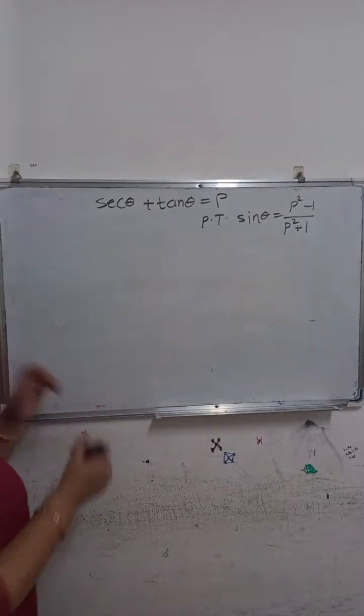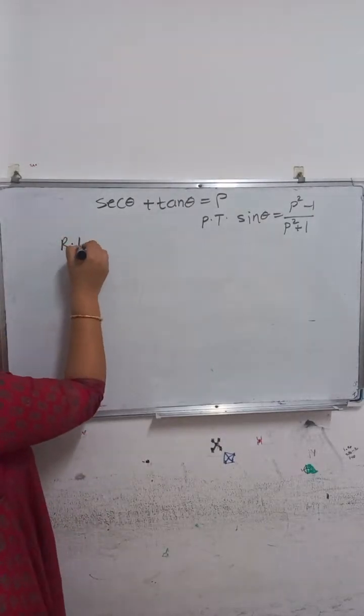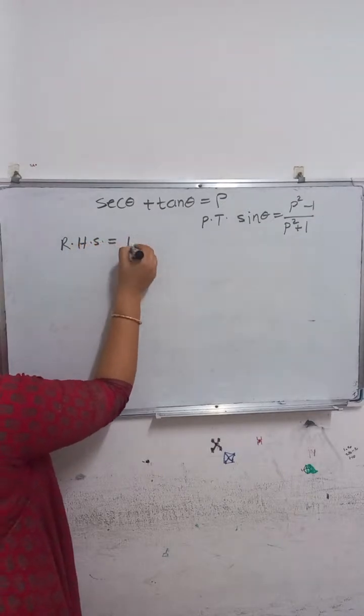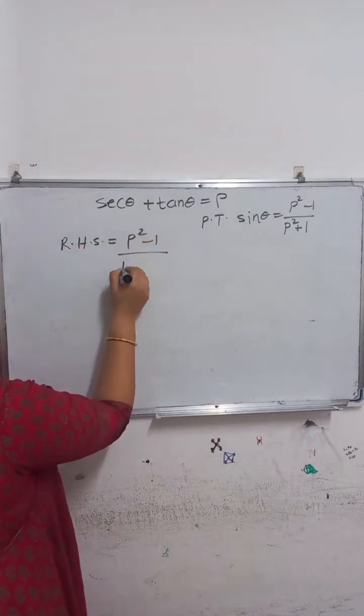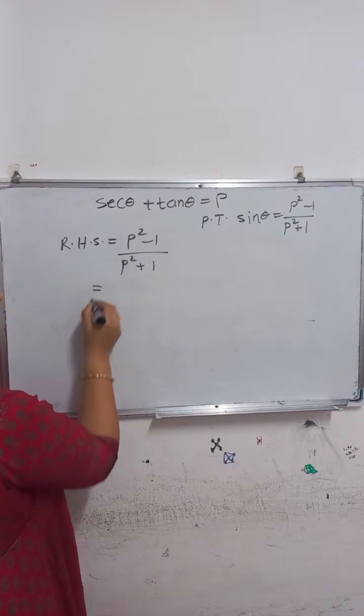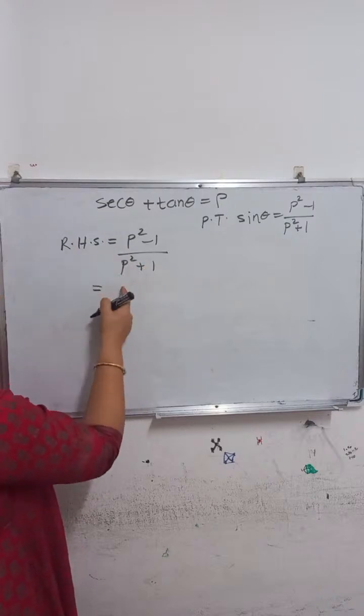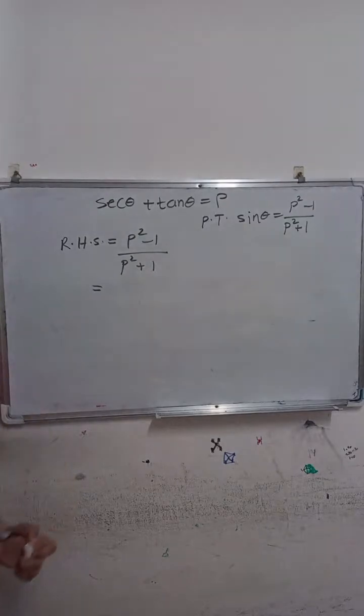So you can write the RHS and try to prove the LHS part: P square minus 1 and P square plus 1. Now you can substitute the P value, expand and check what you will get. Put the value, at least try some questions on your own. Put the value for P.